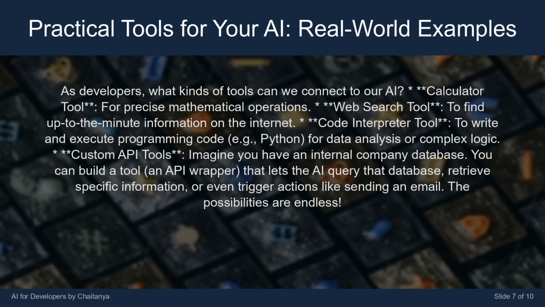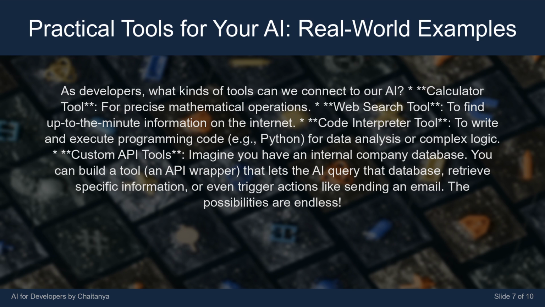As developers, what kinds of tools can we connect to our AI? Calculator tool, for precise mathematical operations. Web search tool, to find up-to-the-minute information on the internet. Code interpreter tool, to write and execute programming code, e.g., Python, for data analysis or complex logic.